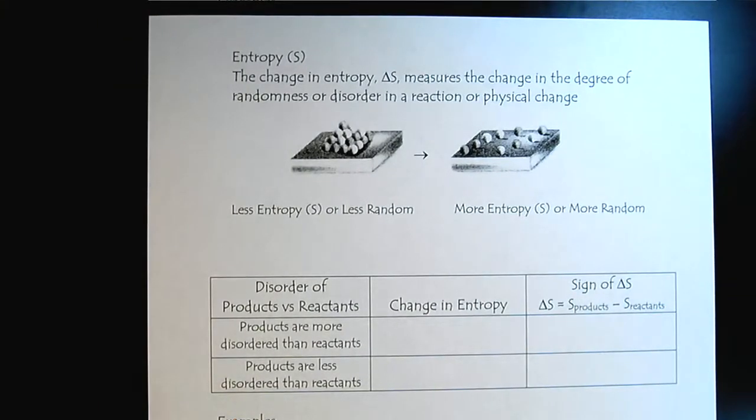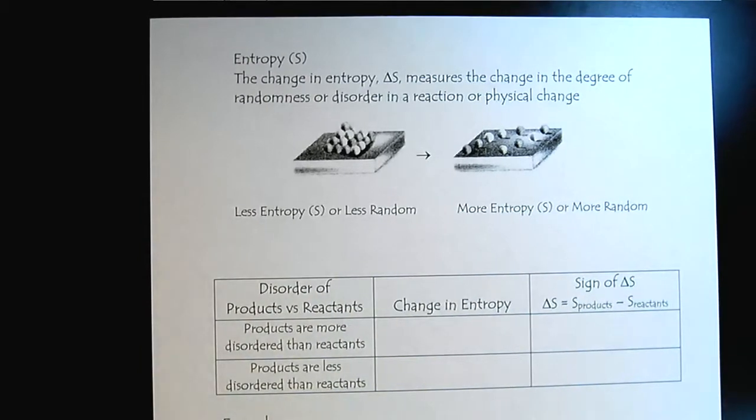Entropy is a measure of the change in the degree of randomness or disorder in a reaction or physical change. It's sort of like electrons in this negative sense. It can be a little bit counterintuitive.